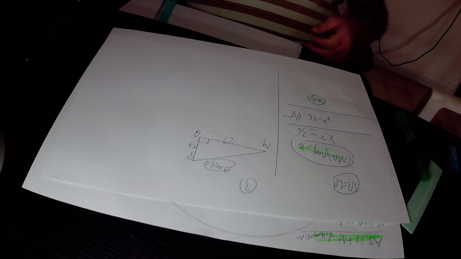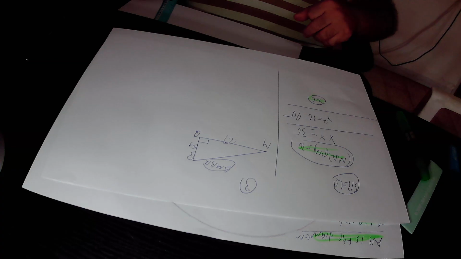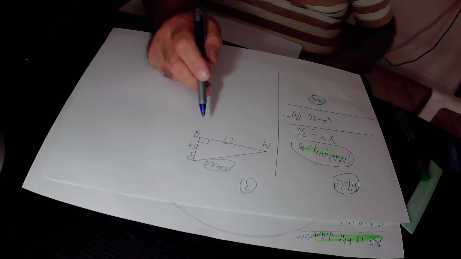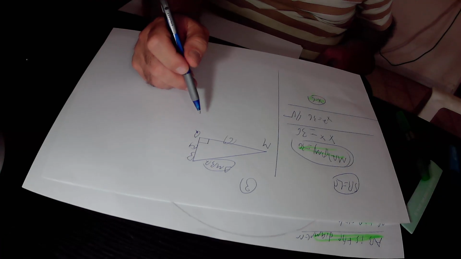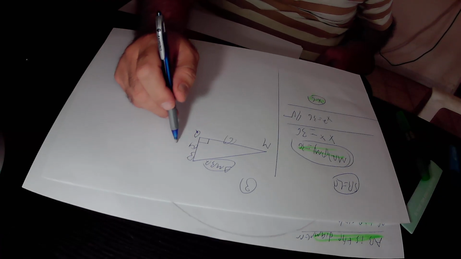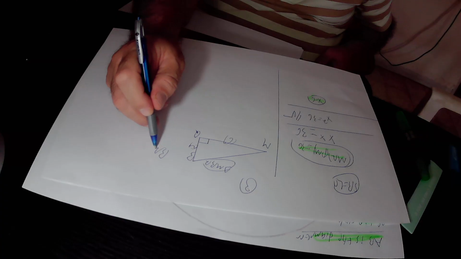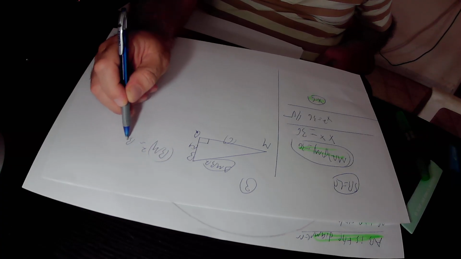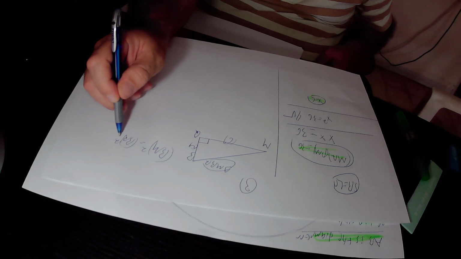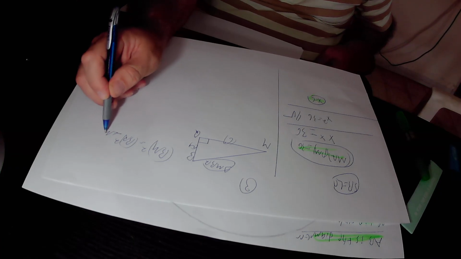According to the Pythagoras theorem, we get that BM squared equals MQ squared plus BQ squared. BM squared, that is the square of the hypotenuse, equals BQ squared plus MQ squared.